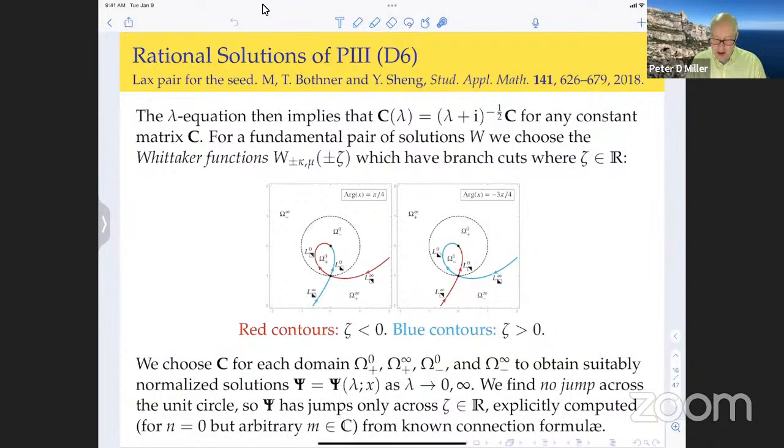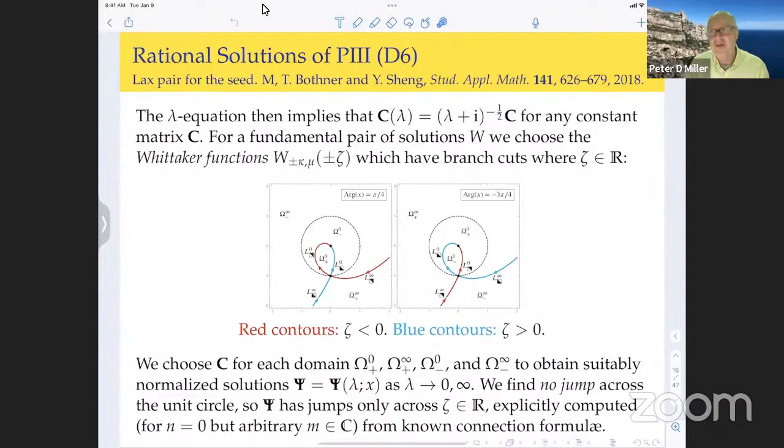So what we want to do now is somehow pick this constant matrix C, or equivalently, work with different fundamental pairs for the confluent hypergeometric equation in order to match normalized solutions at 0 and infinity in different Stokes sectors. So we'll choose the Whittaker functions, with argument plus or minus zeta. And those things have branch cuts on the real line for zeta.